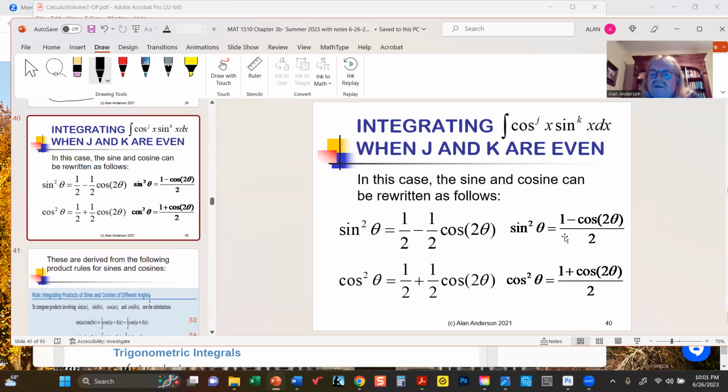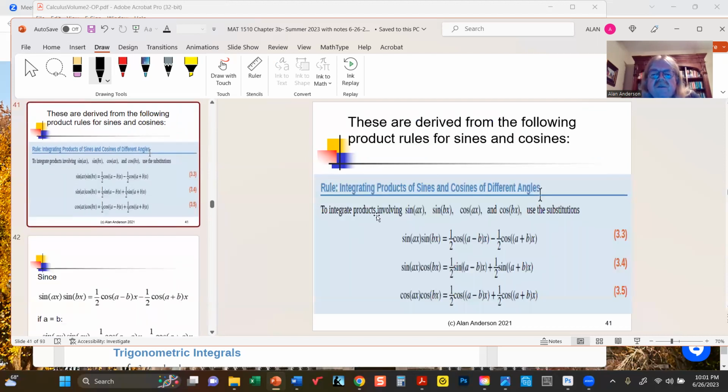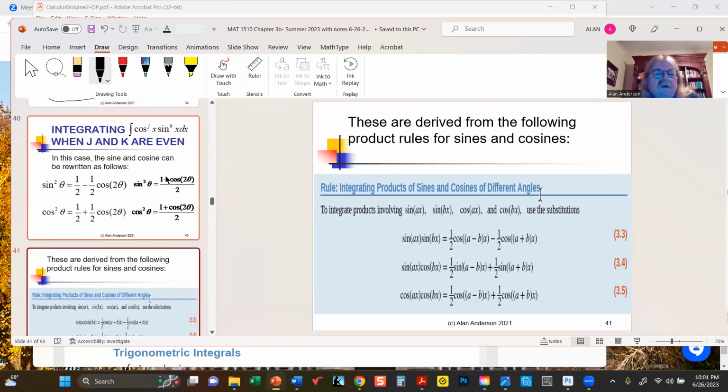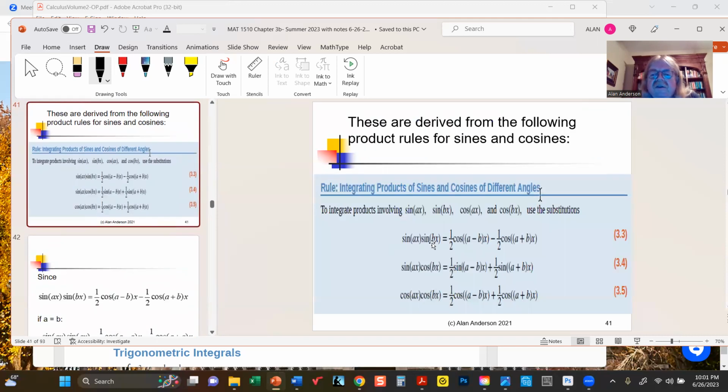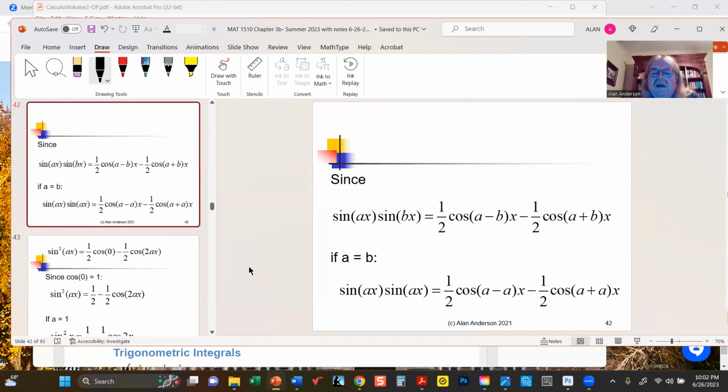So in other words, you can use the double angle formulas, and you can also use these products. For example, we can find this first one. Notice in the first row, we have the product of sine AX times sine BX, and this is the result. So let's say that A and B are equal to each other so that we end up with the same angles.